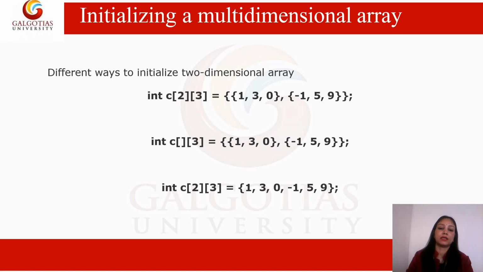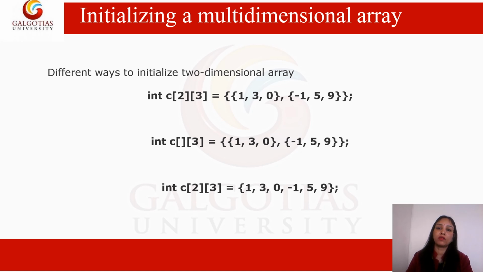Okay, and another way is this: if your 2D array has 2 rows and 3 columns, you all know how many elements this array is able to store: 3 into 2 is 6. So the third way to initialize a multidimensional array is to specify all 6 elements separated by just commas.